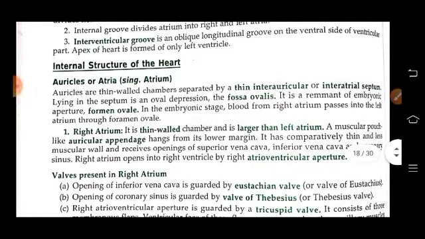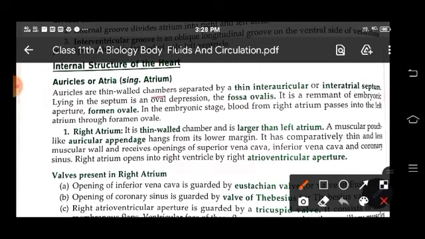Internally, auricles are thin walled chambers which are separated by a thin interauricular or interatrial septum. Now it is a remnant of the embryonic aperture, foramen ovale. In the embryonic stage, blood from the right atrium passes into the left atrium through the foramen ovale. The right atrium is thin walled and larger than the left atrium.